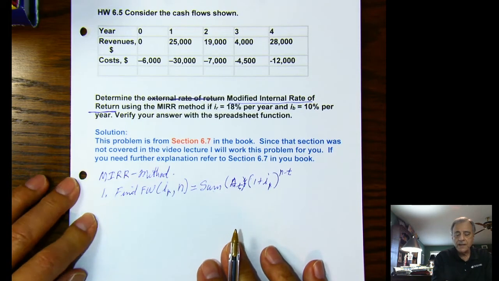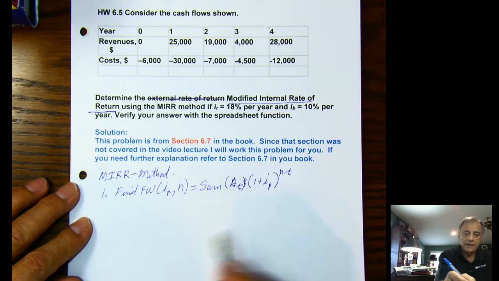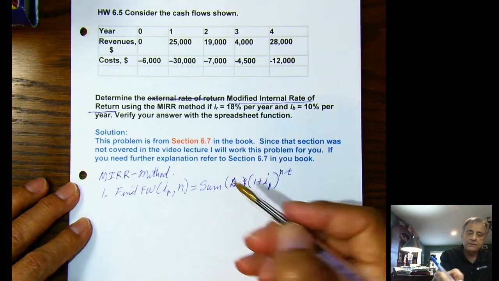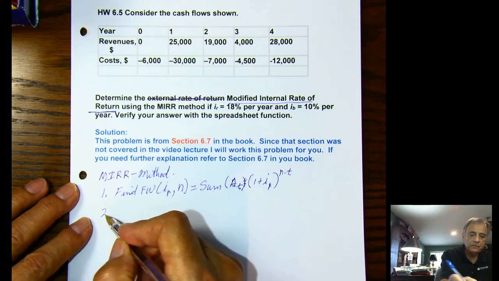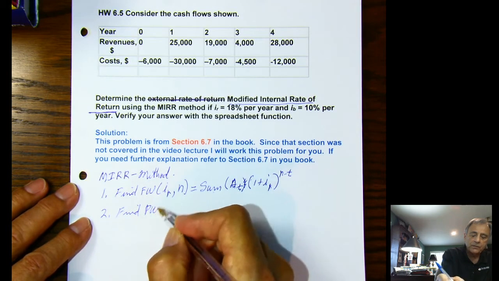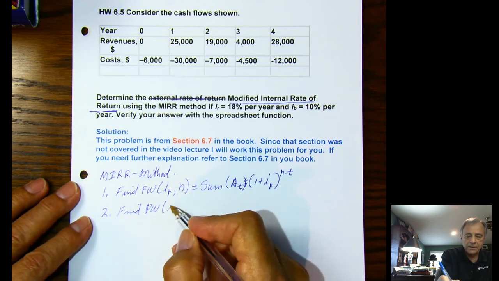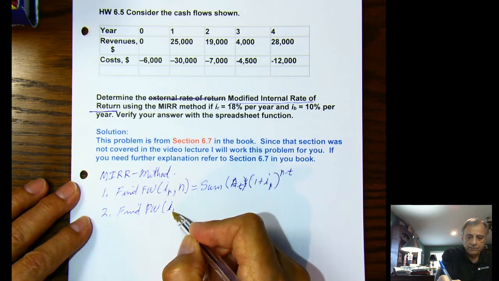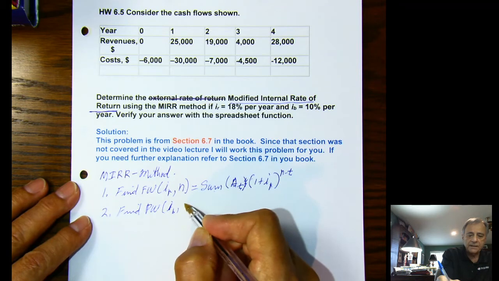The second step is to take all of the negative cash flows and find the present worth at the borrowing rate, I sub B, at time 0.